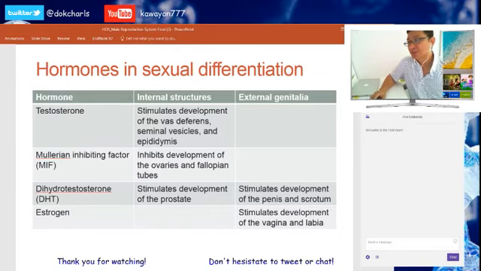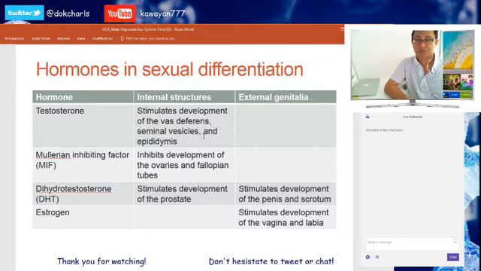So what are the hormones that are in charge of sexual differentiation? You have your testosterone. Testosterone stimulates development of the vas deferens, seminal vesicles, and epididymis. On the other hand, you have your Mullerian inhibiting factor, which inhibits the development of the ovaries and fallopian tubes.